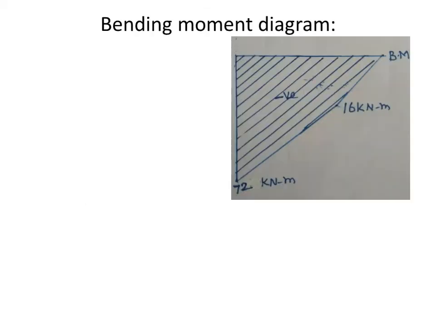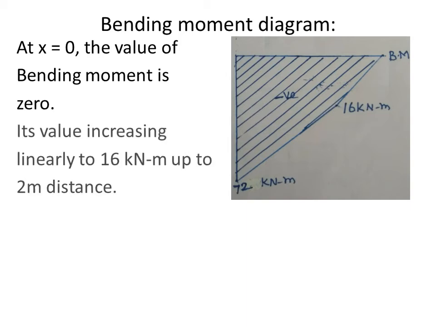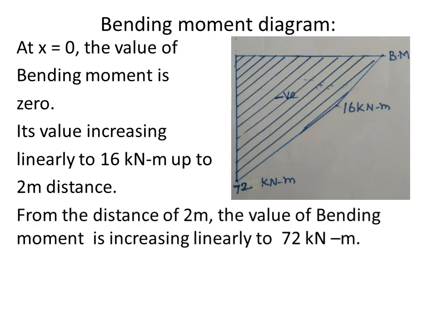Bending moment diagram. At x equal to 0, the value of bending moment is 0. Its value increases linearly to 16 kilonewton meter up to 2 meters distance. From the distance of 2 meters, the value of bending moment increases linearly to 72 kilonewton meters.